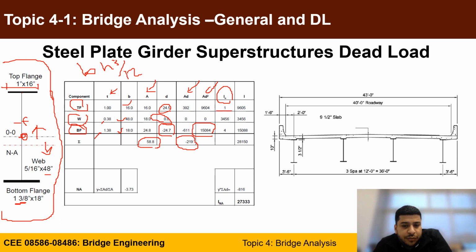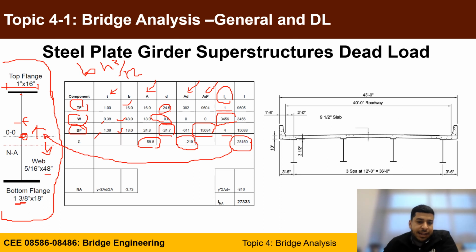Similarly for the bottom flange. The web inertia will be high because b is 5 over 16 but h is 48 to the power 3 over 12. You add the inertia around the centroid of the plate to the AD square, and you get the inertia around the centroid of the web.